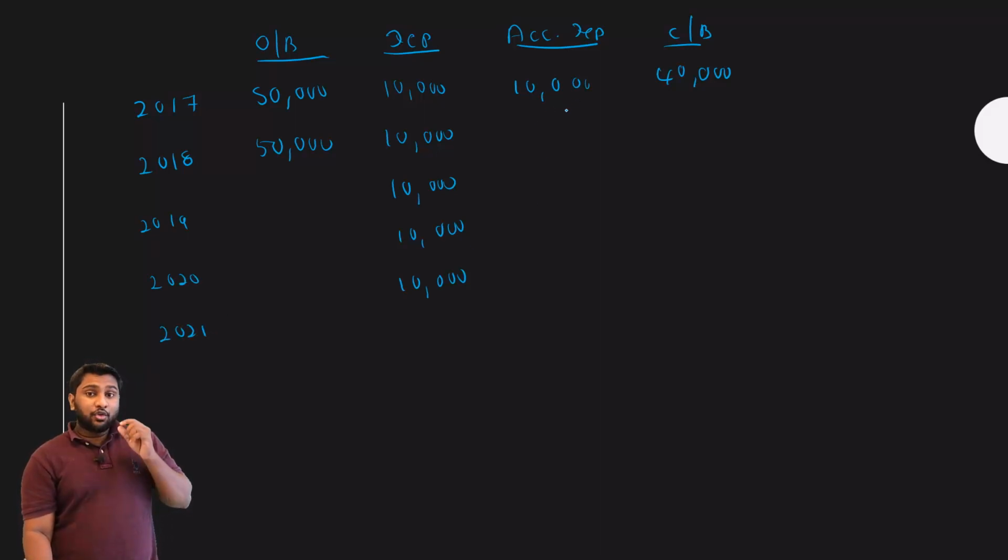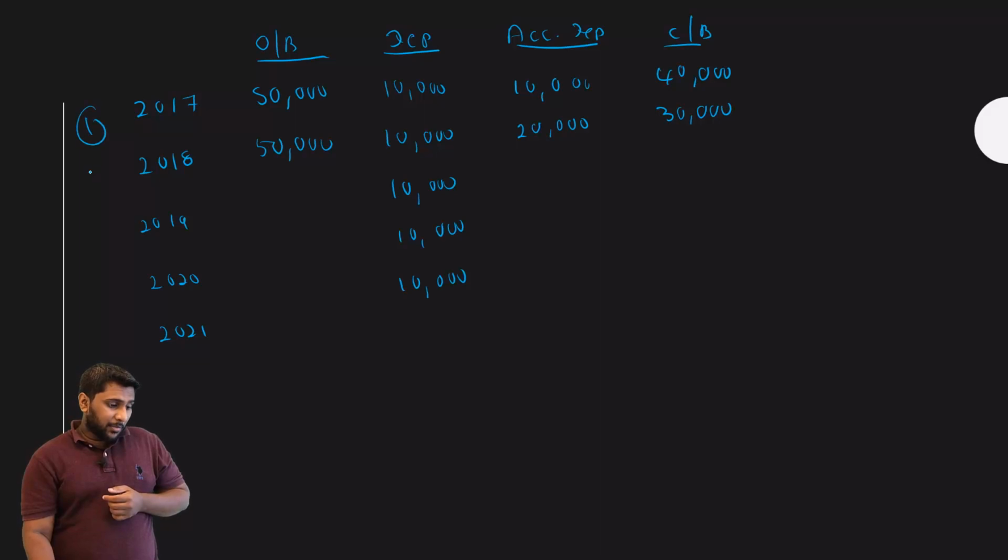Then in the accumulated depreciation account, there is already a balance of 10,000, and you are including another 10,000 for the year 2018, so it will go up to 20,000. So the value of the asset, 50,000 minus 20,000, end of 2018, that means end of the second year, will be how much? 30,000 US dollars.